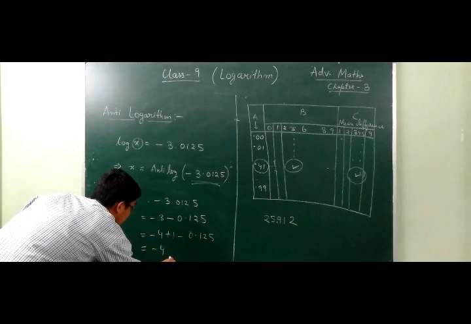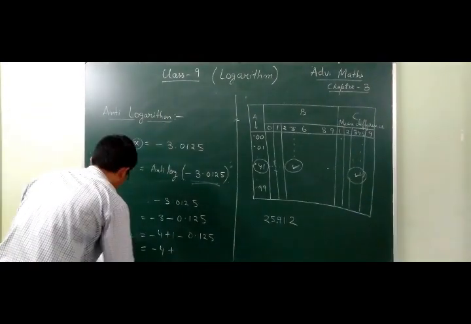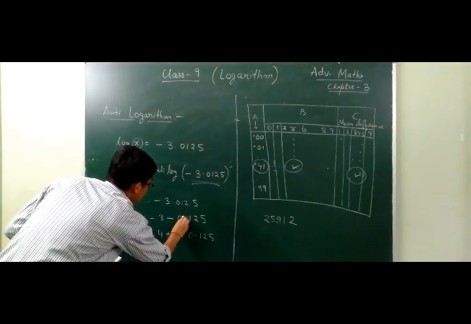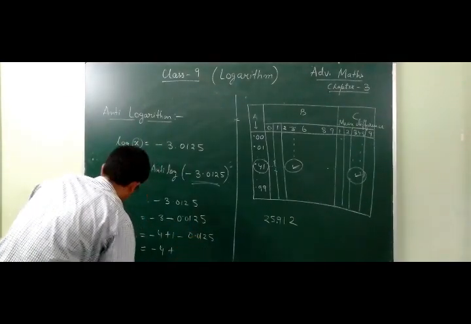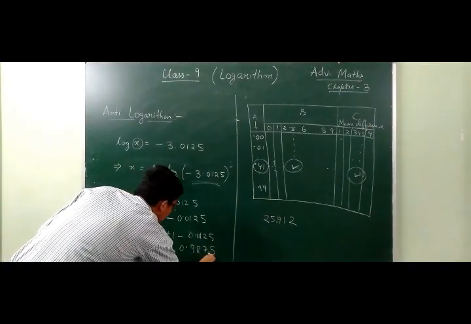So ultimately what we get is minus 4 plus, here I forgot to put 1 0 here, 1 0 0, you will get 0.9875.